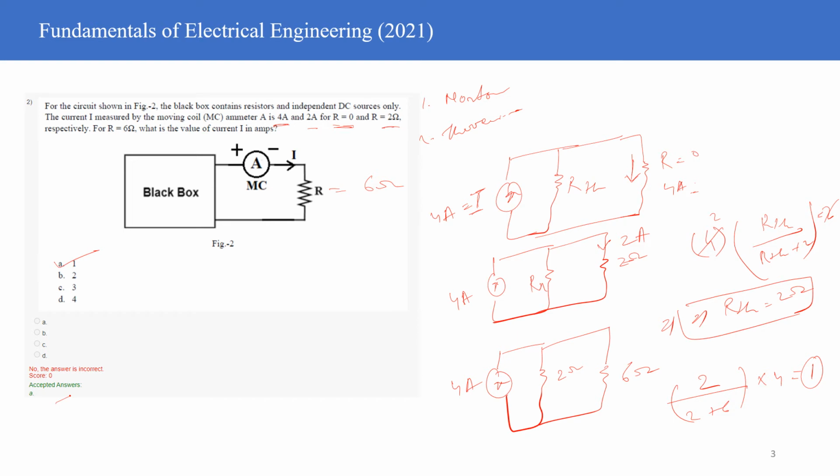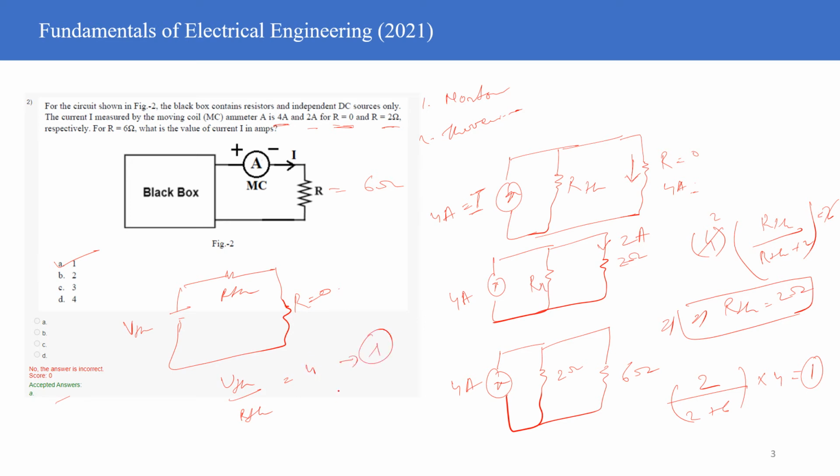And by Thevenin's theorem also you can figure it out. So in Thevenin's theorem, you will assume the V Thevenin, and then you will assume this is RTH, and this will become your R, an unknown value. So in case 1, R is equal to 0, so you will have the equation V Thevenin by RTH equals 4 ampere, so equation number 1.